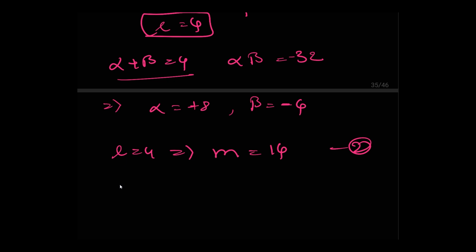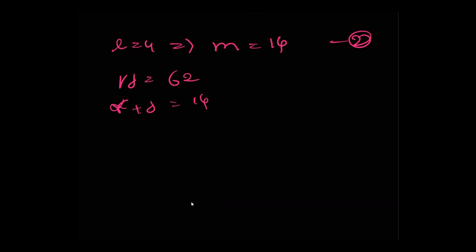And we know that gamma delta equals 62 and gamma plus delta equals 14. That means gamma square plus delta square plus 2 gamma delta equals 196. Gamma delta will be 62. Sorry, 31. My bad. Oh, sorry.